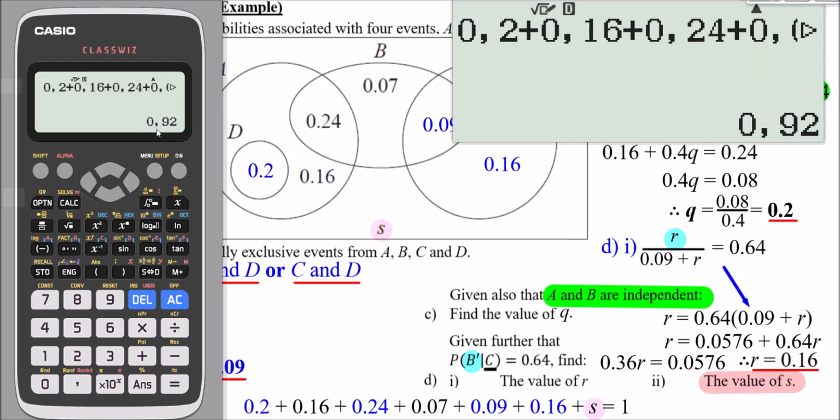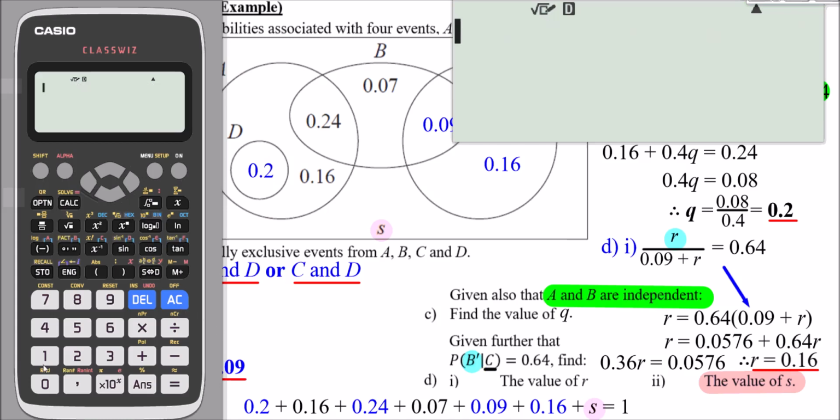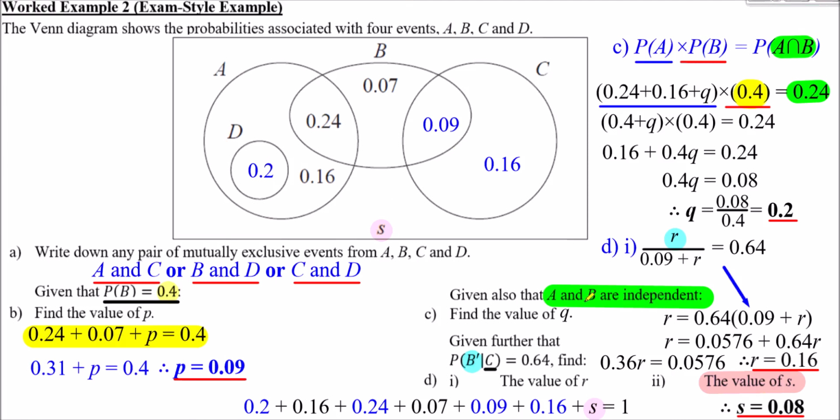So 0.92 plus S equals 1. Again, thinking of it in terms of money, 92 pence plus S is £1, so S must be the missing 8 pence. So S is 0.08, or 2/25 if you want to leave it as a fraction, which you can. Either way around, S has to be 0.08 so that this equation works.